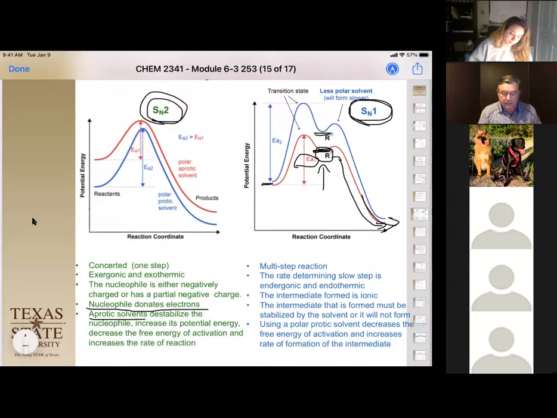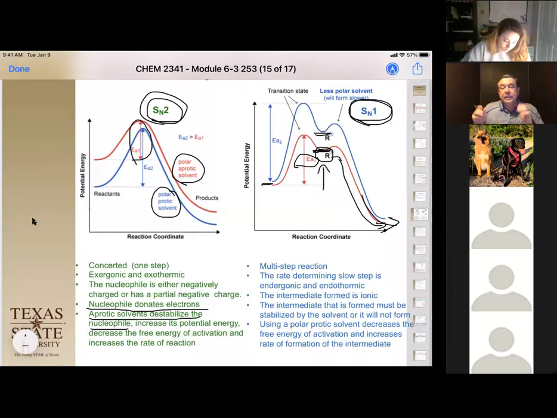Aprotic solvents destabilize the nucleophile because it can't fully support it, and therefore decrease the rate of the reaction. It decreases the rate because of the higher energy barrier. So the polar aprotic solvents have a higher activation energy than our polar protic solvents.